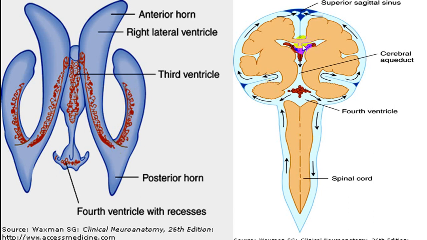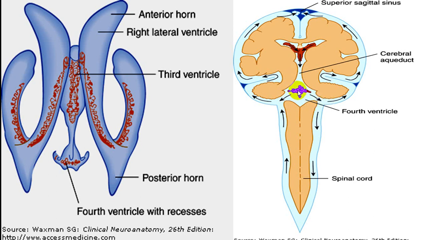After formation in the lateral ventricles, it will come into the third ventricle by foramen of Monro, and from the third ventricle into the fourth ventricle by aqueduct of Sylvius, and then from the fourth ventricle via two lateral openings and one central opening, it will come out into the subarachnoid space.